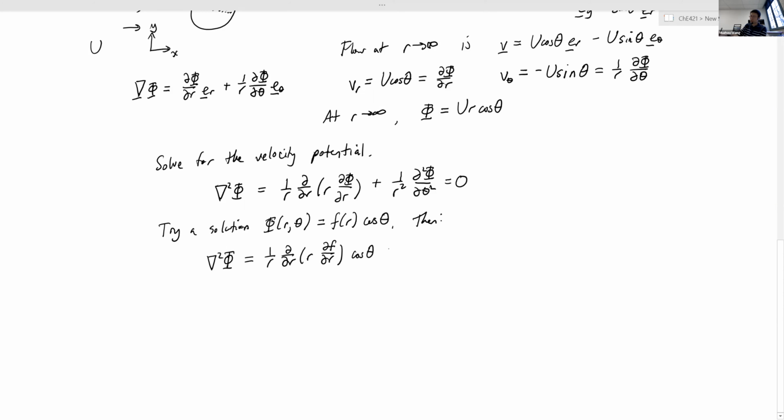This gives us minus f over r squared times cosine of theta. Because one derivative of cosine is negative sine, derivative of that is negative cosine, right? So that's where the negative cosine comes in. Okay, and then there's the f because you don't need to take a derivative of f with respect to theta. And this equals 0. Okay, luckily, it turns out our hunch here was correct. We can maybe cancel out a cosine theta from all the different terms. And then we'll expand this guy out and get something that looks like this.